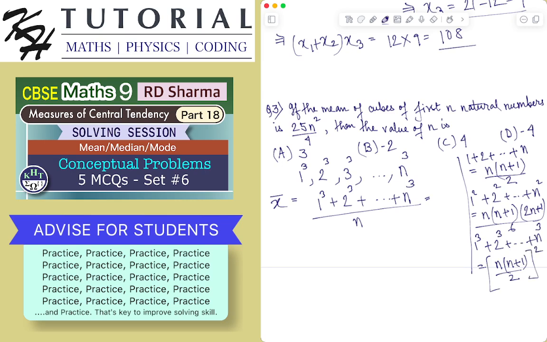Okay, so 1 cube plus 2 cube plus up to n cube is the sum of cubes of first n natural numbers. We know this will be n square multiplied by n plus 1 whole square divided by 4, and we have whole divided by n.